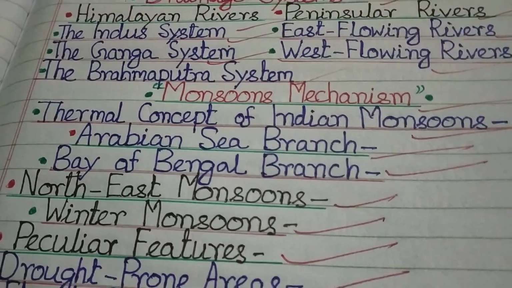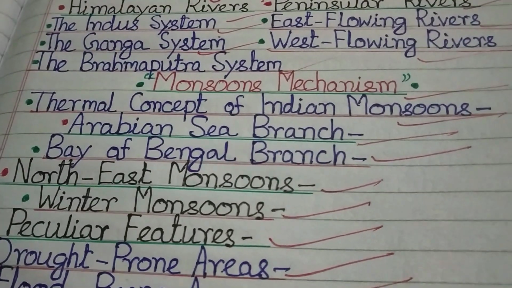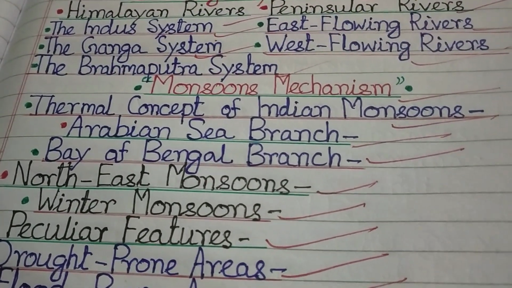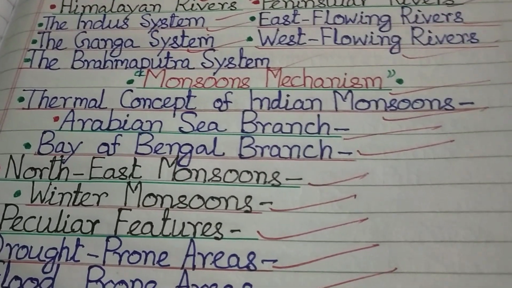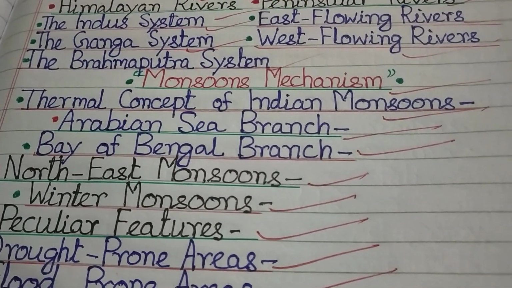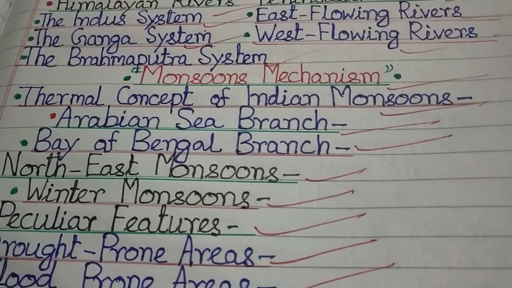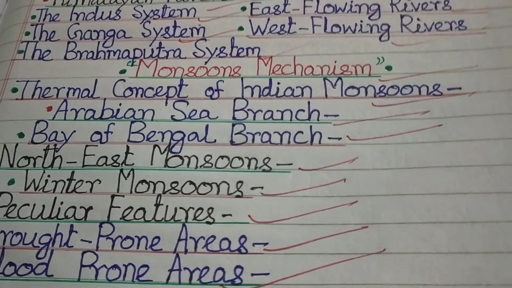Important towns such as India's capital, Delhi, Mathura and Agra are situated on the banks of the Yamuna. Chambal, Betwa and Ken are major tributaries of the Yamuna.